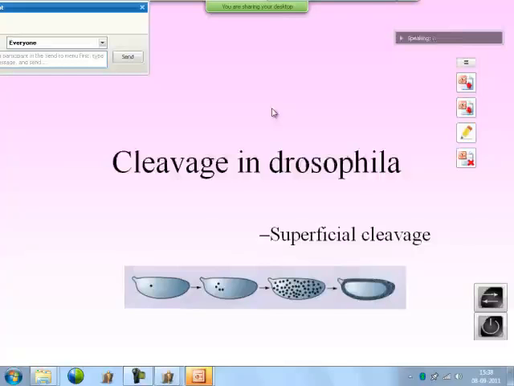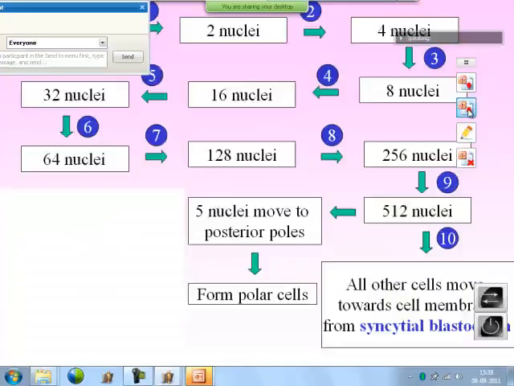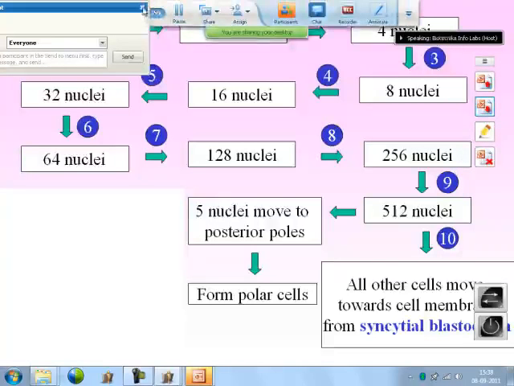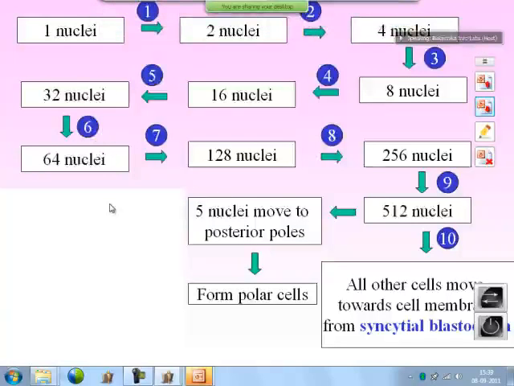Okay, so fine. Now this is a big kind of chart. In this chart you have big boxes in which the number of nuclei is written, and blue circles in which 1, 2, 3, 4 is written, and that is nothing but the cleavage.